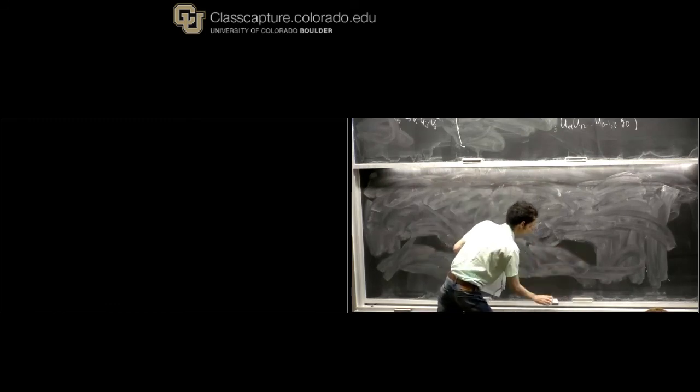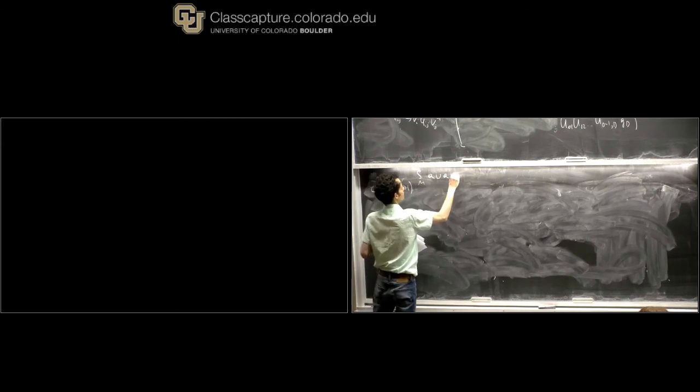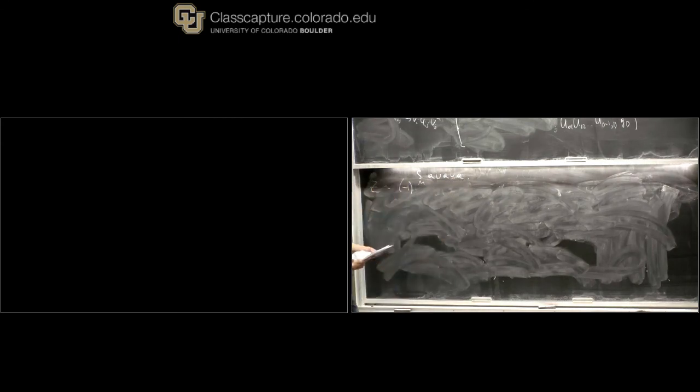So Z. And of course, since A is closed, the cube of A is also going to be closed, so it's clear that this is going to be gauge invariant.